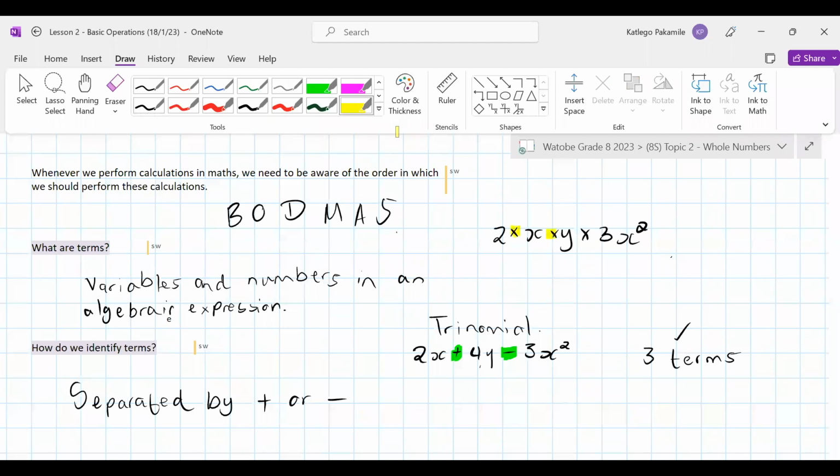All we have is times, times, times. So yes, this whole thing would be 1 term. That was a beautiful question. The only time we count terms is if they are separated by addition or subtraction. If we have multiplication or division, they all count as 1 term.